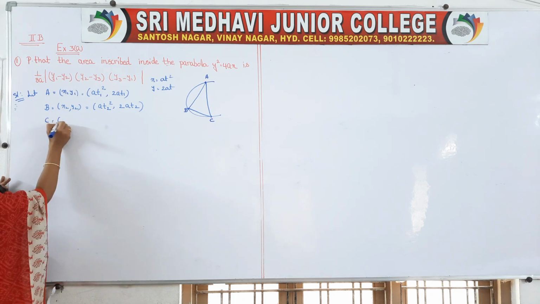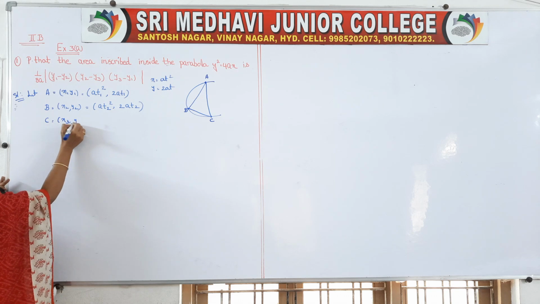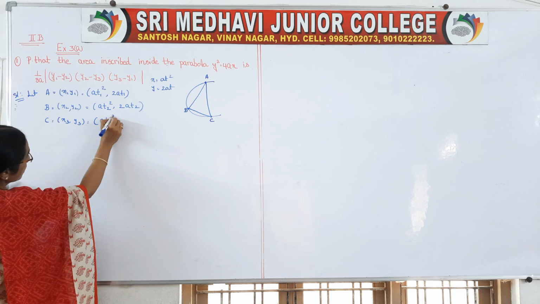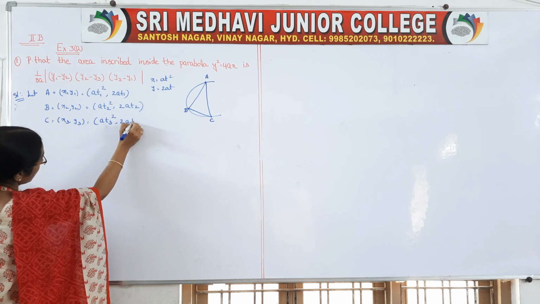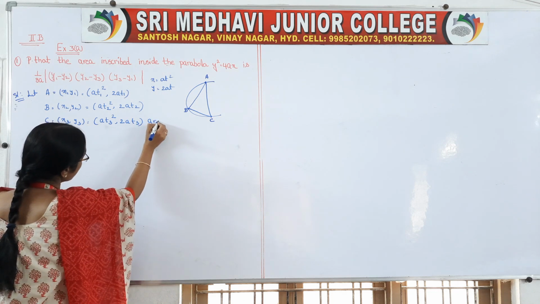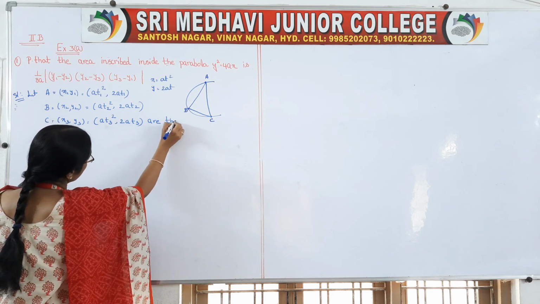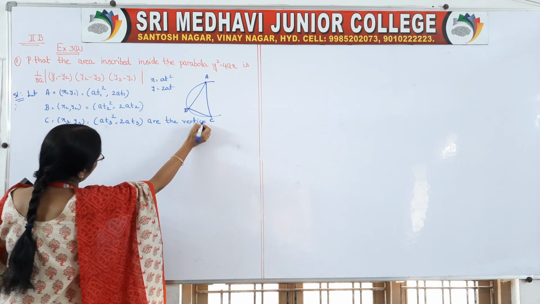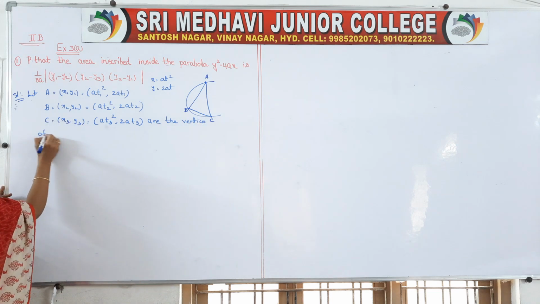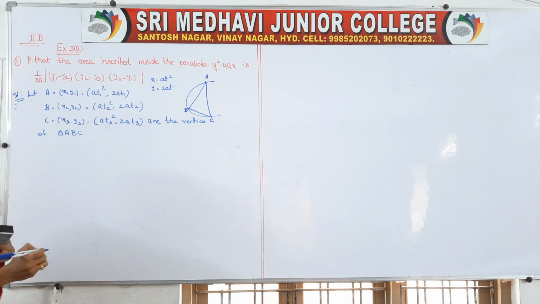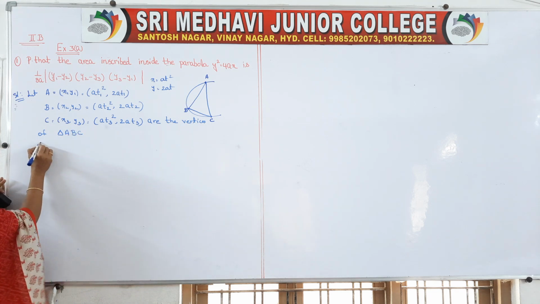So C is equal to x3 y3, which is at3 square, 2at3. These are the vertices of triangle ABC. Okay, so now you take the area.